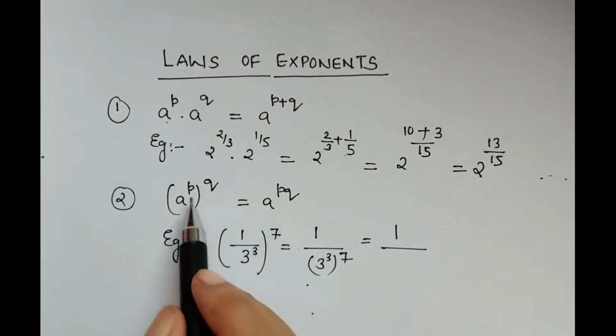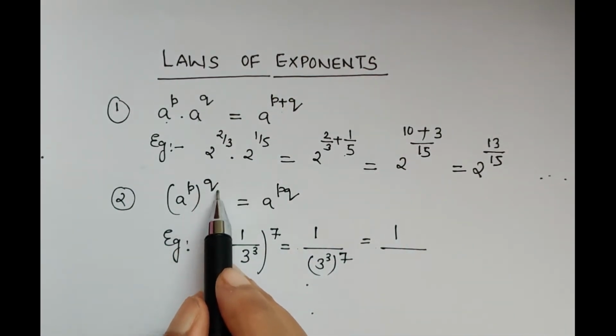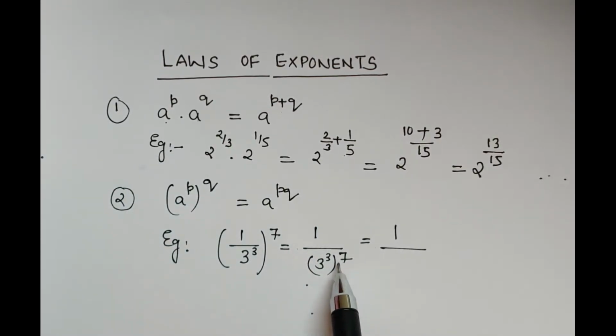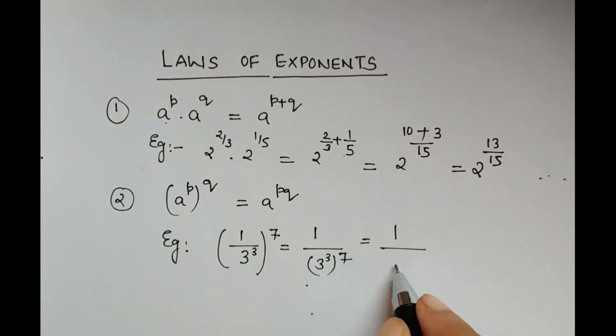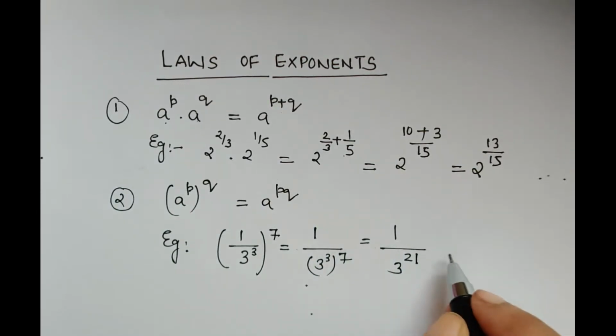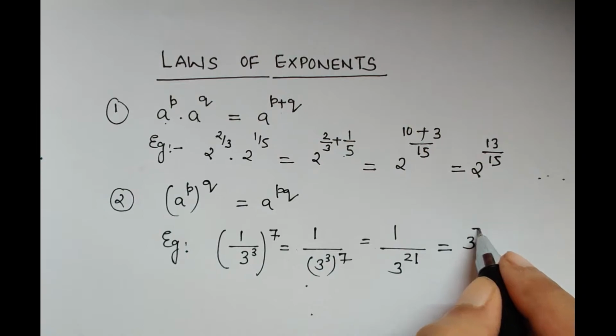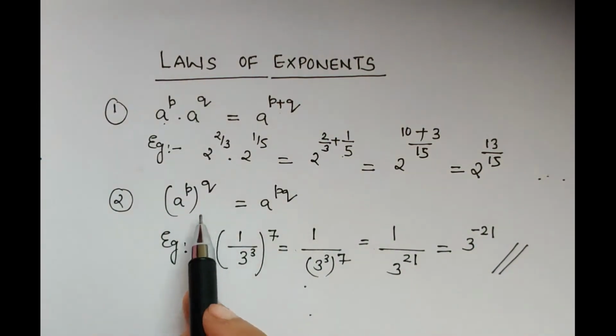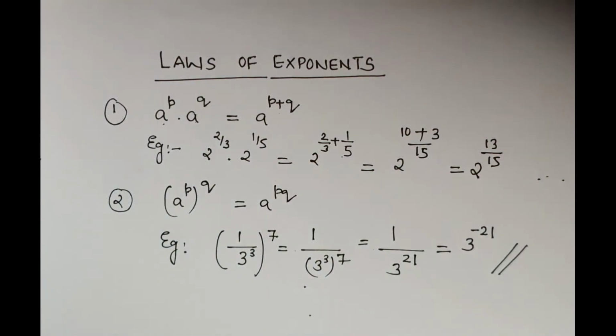Now we can apply this law, a to the power p to the power q. Here powers get multiplied, and the same form we see here, 3 to the power 3 to the power 7. So the powers will be getting multiplied. So we will have 3 7s are 21. So this is the answer, or even more compact form we can write this as 3 to the power minus 21. So this is the answer for this law of exponent.